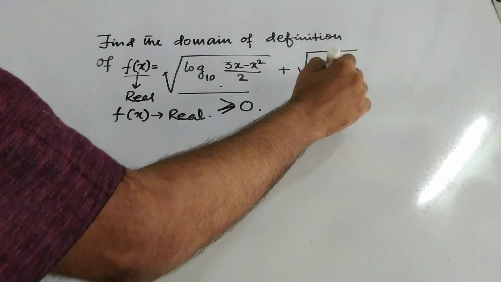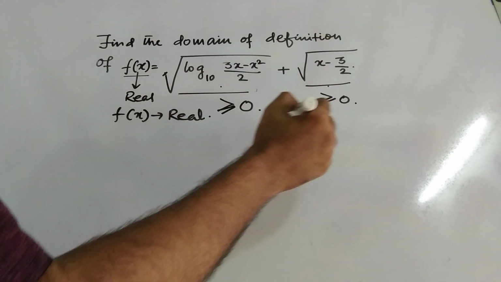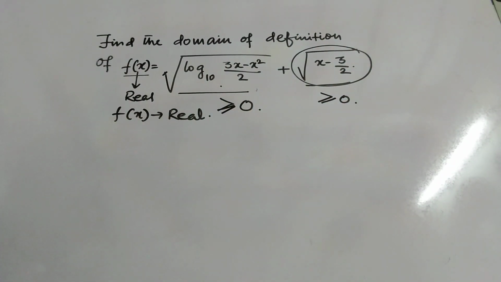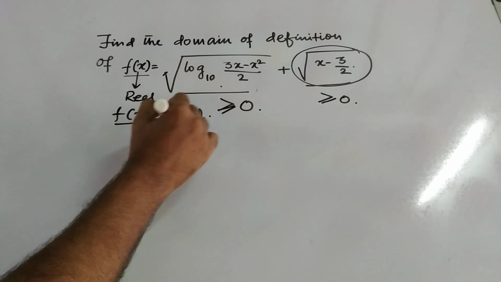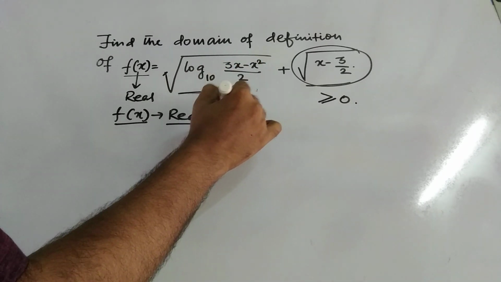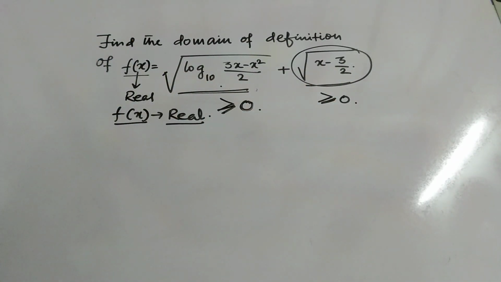And the same here also: if x − 3/2 is less than 0, then the square root of that would be a complex number. So for f(x) to be real and x a real variable, this expression has to be greater than or equal to 0 and this expression also has to be greater than or equal to 0.